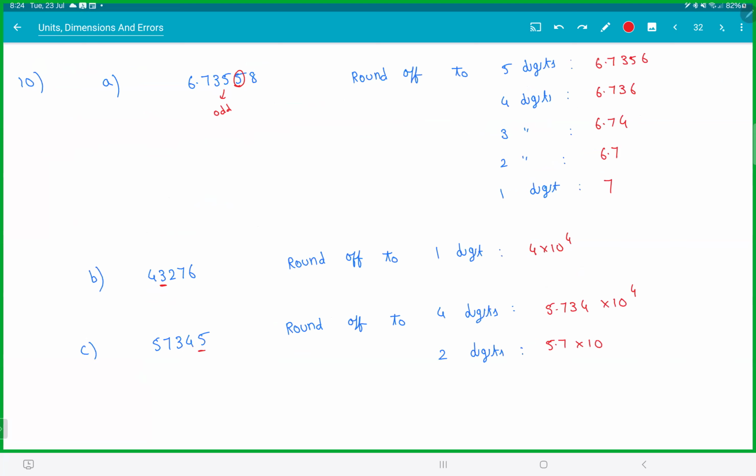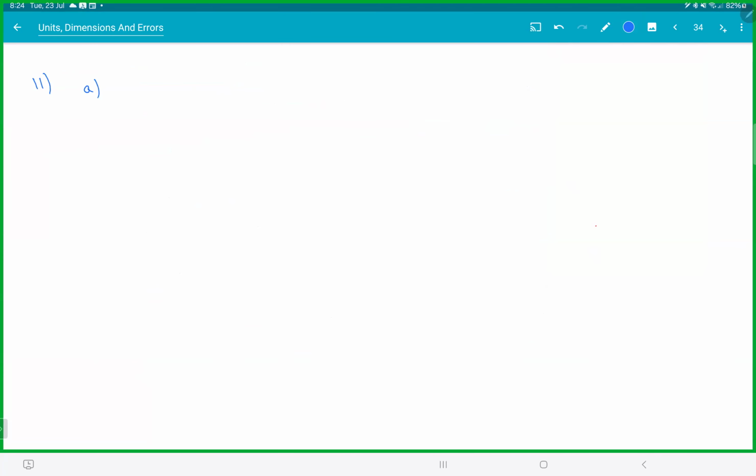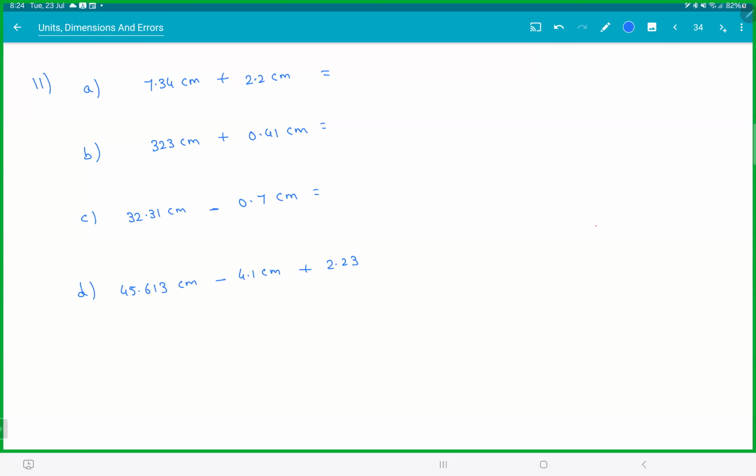Clear? Let me show you something. You guys try this. .34 centimeters plus 2.2 centimeters. 323 centimeters plus 0.41 centimeters. 32.31 centimeters minus 0.7. 45.613 minus 4.1 plus 2.23.